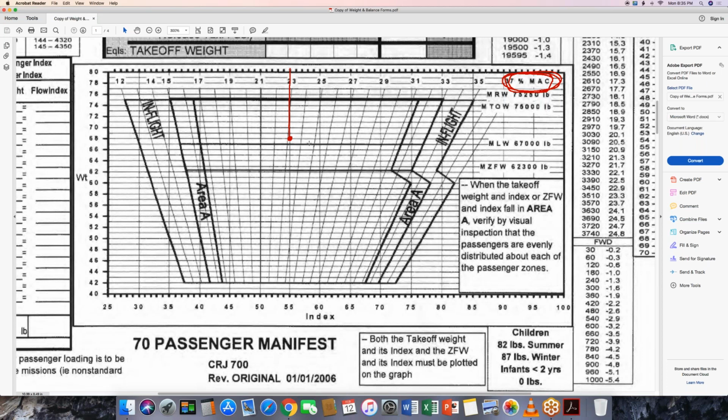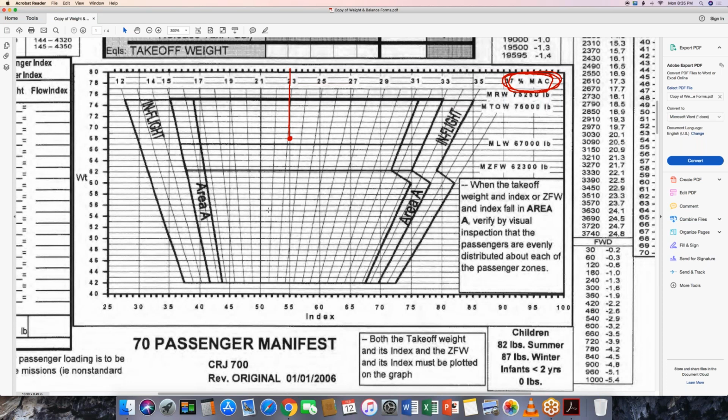Did everybody see how I just figured out my percentage of MAC? Yes. Pretty hard, right? Definitely. Does everybody understand it? Yeah. All right. Probably one of the most difficult concepts we'll ever learn in this class.